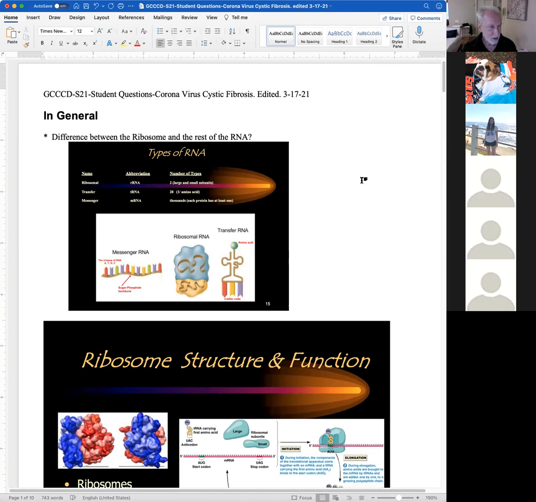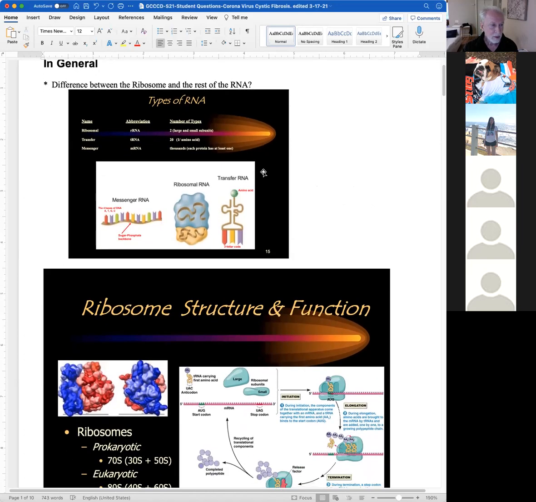And the first one here is, what is the difference between the ribosome and the rest of the RNA? So in responding to this, I refer you to this slide taken from the lecture. Actually, two slides here. One shows the three different types of RNA that are involved in protein synthesis.